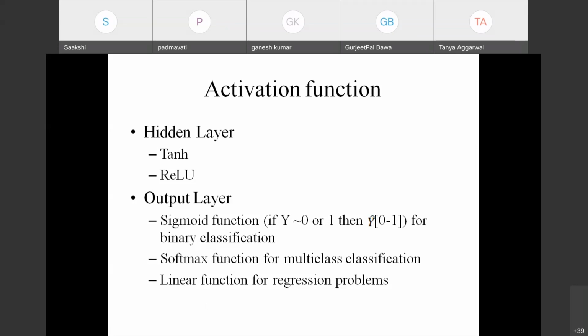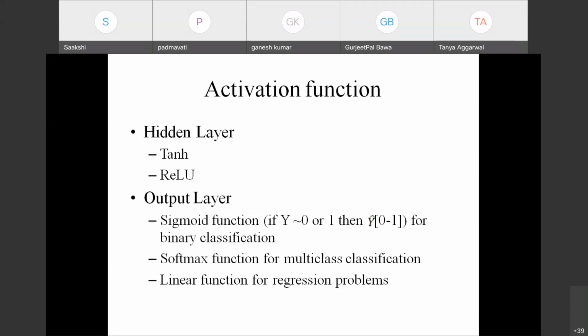What if my problem demands some kind of regression? For example, we need to find out the price of some product based on some characteristics of that product. In that case, I will be using the linear function, because there is no bound on the output it is generating. I just want whatever output it has generated till the pre-activation layer.